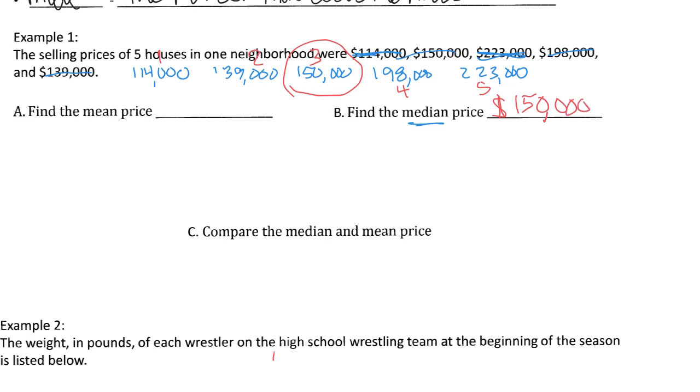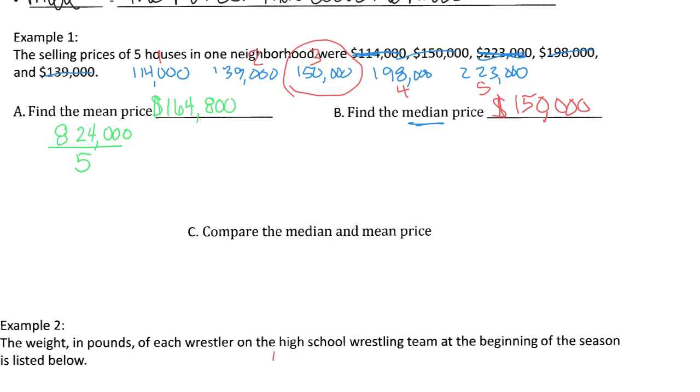Okay, the next thing we do is we find the mean price, which remember mean is when you add them all up. So take a moment and add them all up for me. Now that you've added them all up, hopefully you got 824,000. You divide that by 5 because that's how many houses there are. And you should get 164,800.